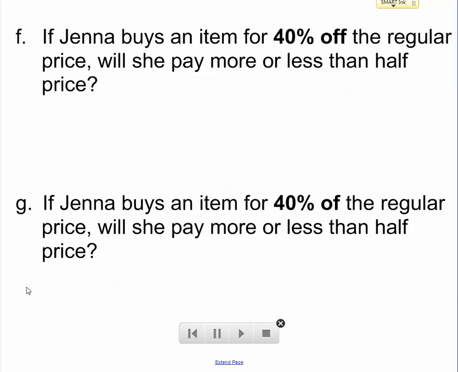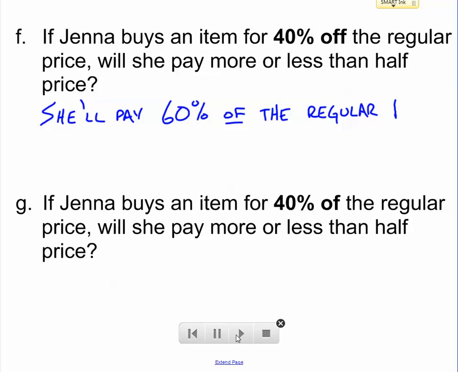Last couple here. If Jenna buys an item for 40% off the regular price, will she pay more or less than half of the price? Well, she'll pay 60% of the regular price if she's got 40% off, and 60% is more than half, so she's going to pay more than half of the original price.